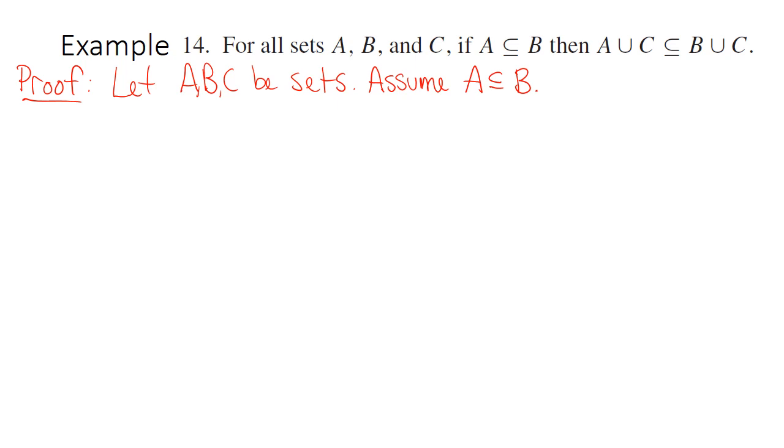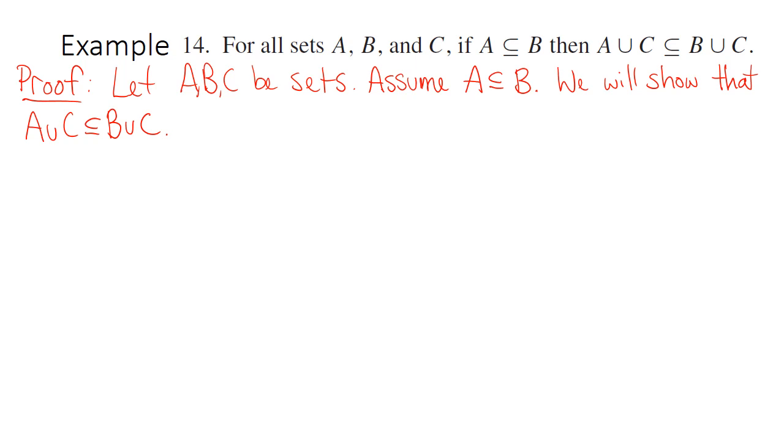Okay, and now my goal is to show that the then part, so A union C is a subset of B union C. That's our goal. So how are we going to show that A union C is a subset of B union C? Well, we just talked about how you show that things are subsets of other sets.